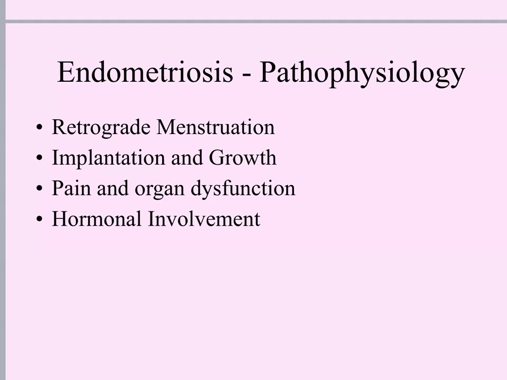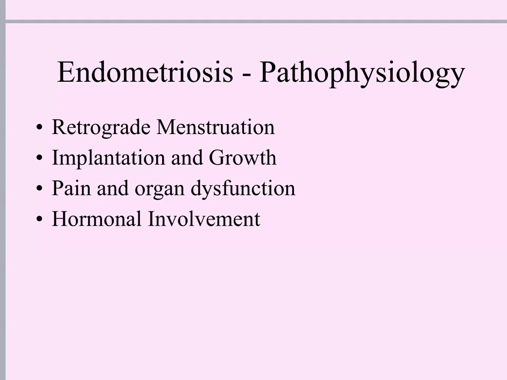So basically, the retrograde menstruation theory is that during a woman's period, instead of all the blood going out through the cervix and the vagina like it normally should, some of it flows backwards through the fallopian tubes into the pelvic cavity. This backward flow carries endometrial cells which stick to nearby organs and start growing there.